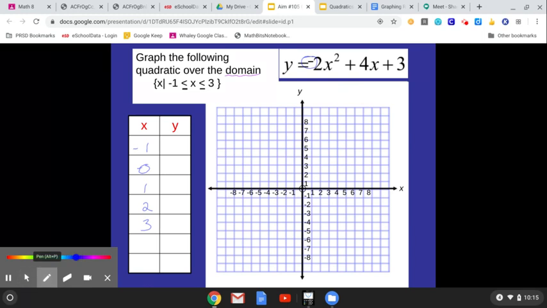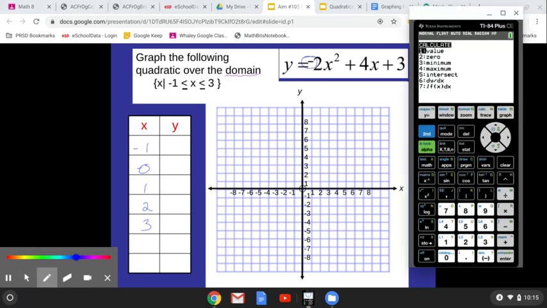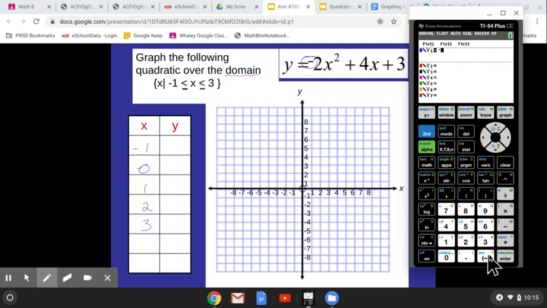Okay, I'm going to open up my graphing calculator here. Let me go to my y equals, cleared off. I'm going to type in negative 2x squared plus 4x plus 3.